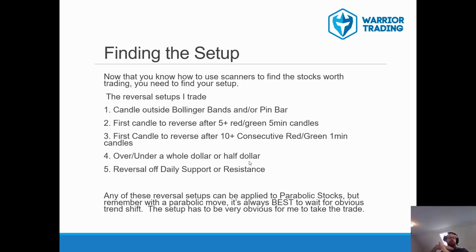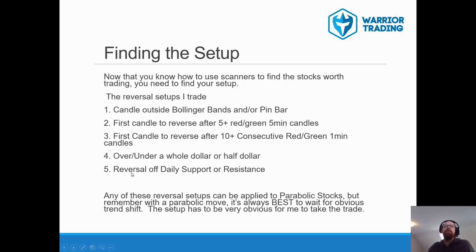If the stock is truly weak, it'll be selling off, it'll come up to those levels and it won't get over and it'll roll over. And it'll keep coming up, hitting them and rolling over. So if it finally comes up and breaks through that level, that's the spot that we say, you know what, I'm going to take an entry right there at the half dollar or the whole dollar. Okay, so that's setup number 4.